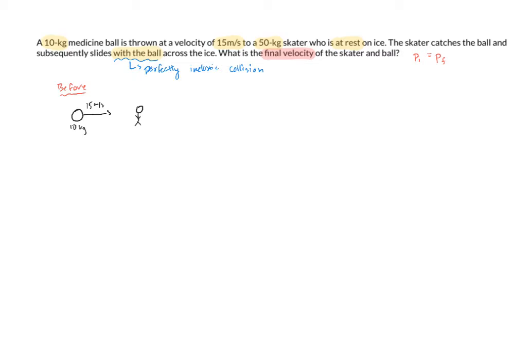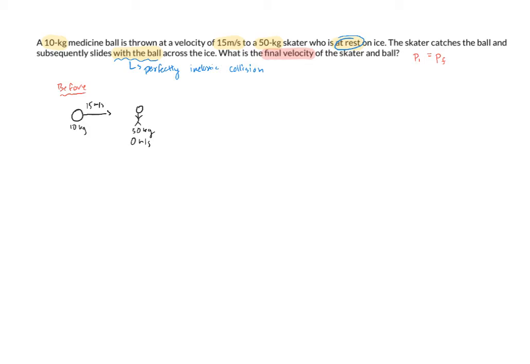So here is my skater, and she is 50 kilograms. And I also know that her initial velocity is 0 meters per second. And I know that from this bit here where she is described as being at rest. So that is going to be my complete before picture.